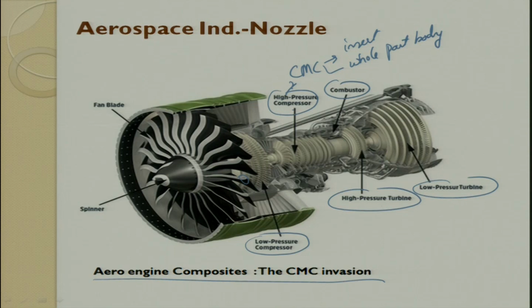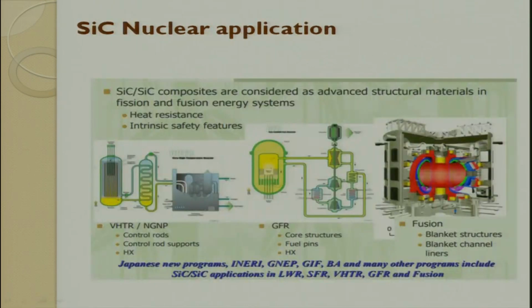Today they are made of ceramic matrix composite material, because CMC has very high toughness, and making small inserts is very easy as compared to making a complete body. So, a lot of aero engine is made out of composites. Now, CMC is getting envisaged in all these things, so that it can be made lighter and lighter.